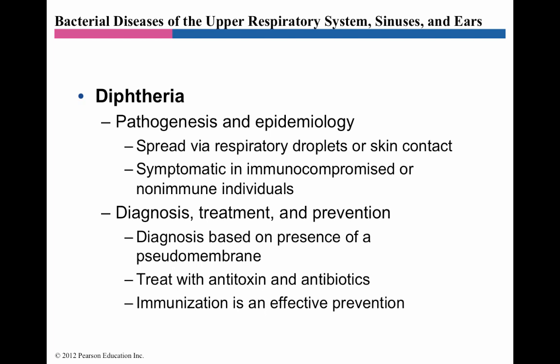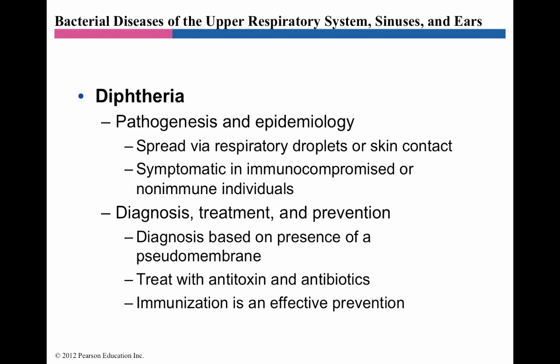Person-to-person spread. So this is a contact spread transmission. It is spread by respiratory droplets, so indirect contact. Respiratory droplets or fomites. You inhale the droplets, or you contact a fomite that has had a droplet land on it, or direct skin contact with someone and the bacteria are on them.